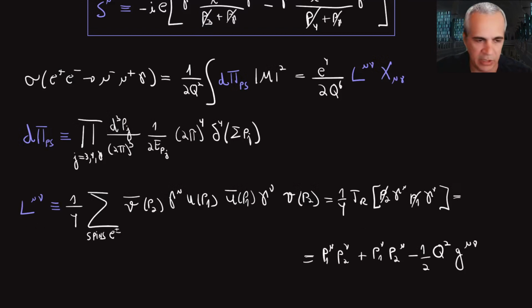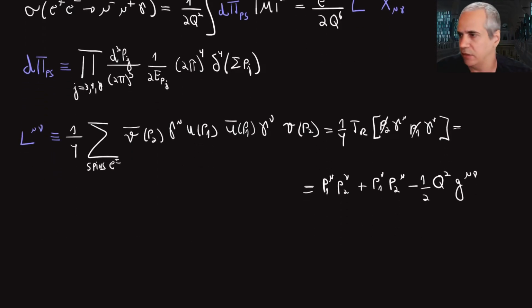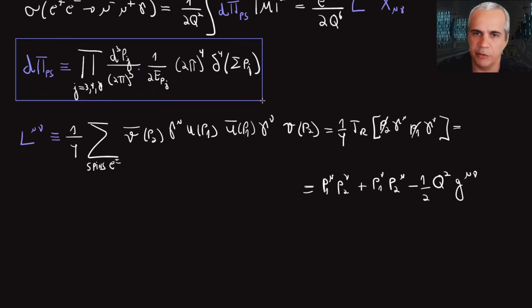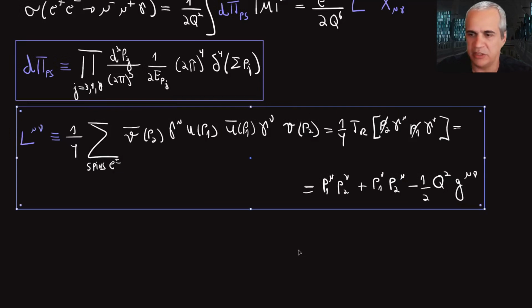It contains only the electron part, which is quite trivial. We calculated these before, even in quantum field theory one, when we were calculating the electron positron production of muon, anti-muon. So this is the L mu nu part, and then X mu nu is the new part.